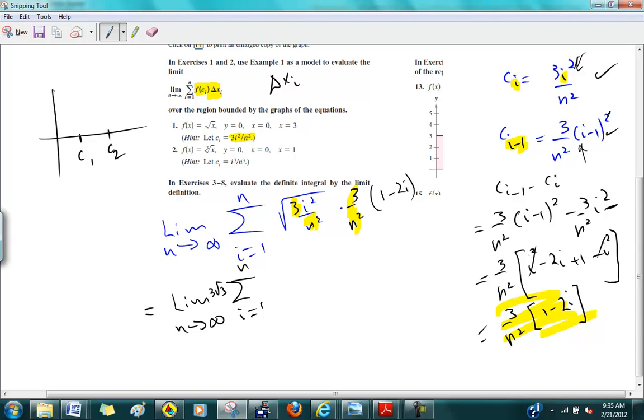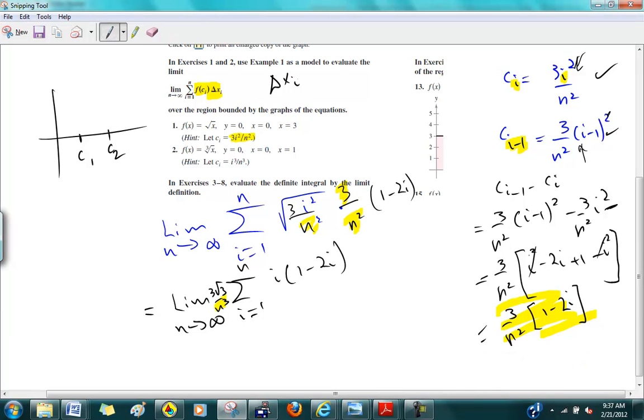Out of here, I'm going to get an n, because it's the square root of n squared. So that n times n squared will give me n cubed. And then I've got i times 1 minus 2i. I'll pause here for a minute for you guys to catch up on the algebra.